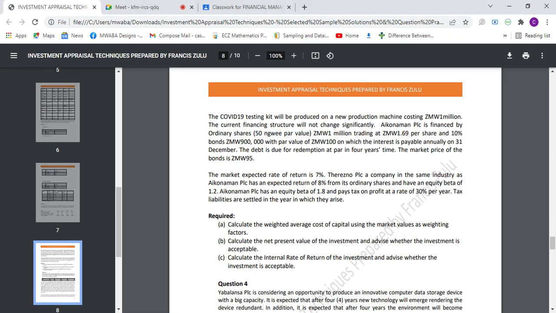Whenever you hear about ordinary shares, we're talking about equity. So here we've been given 1 million kwacha, the ordinary share capital, trading at 1.69. This is the market price. And then here we have 15 ngwe par value, which is the book value of the shares. So now we have to find the market value of the equity, which is VE, using this formula here.